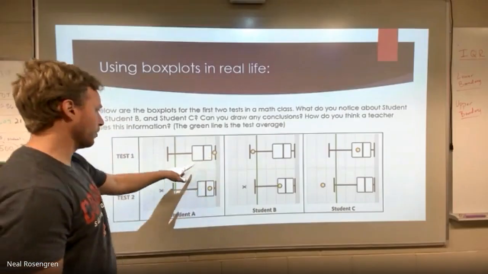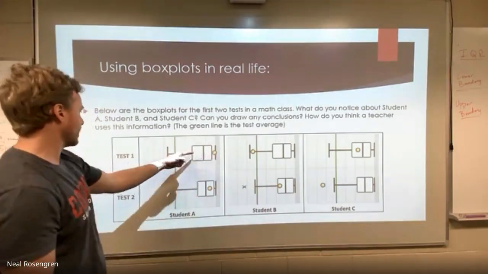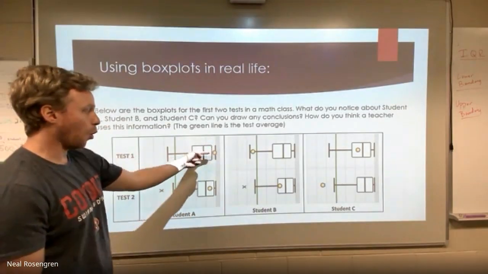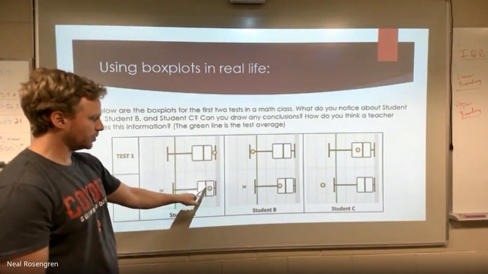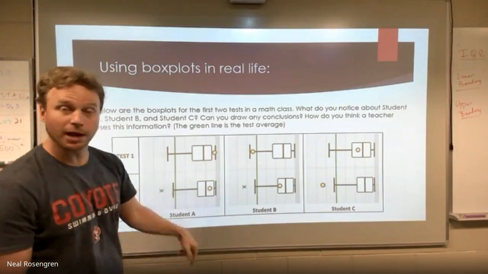Student A did better on test 2 than test 1. It's actually the other way around. Their little yellow dot on test 1 is almost at the maximum, whereas on test 2 it's stuck between the median and the third quartile. Still pretty good.